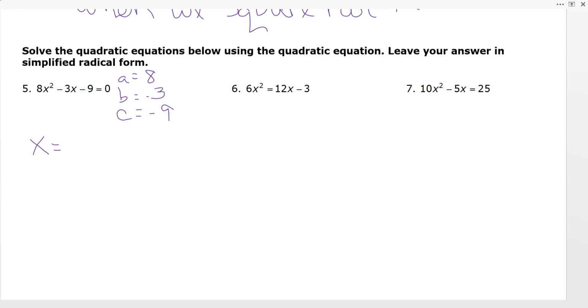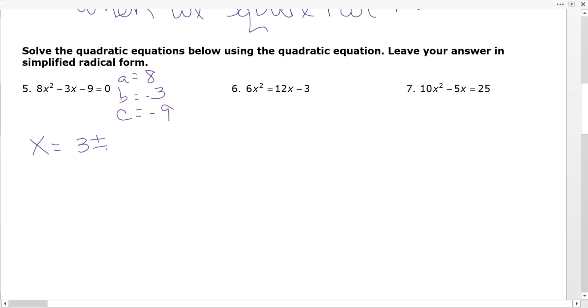Okay, I wrote it down wrong. So it's -b, so it's going to be 3, plus or minus the square root of b squared, which is -3 squared, plus 4 times 8 times -9, all divided by 2 times 8.